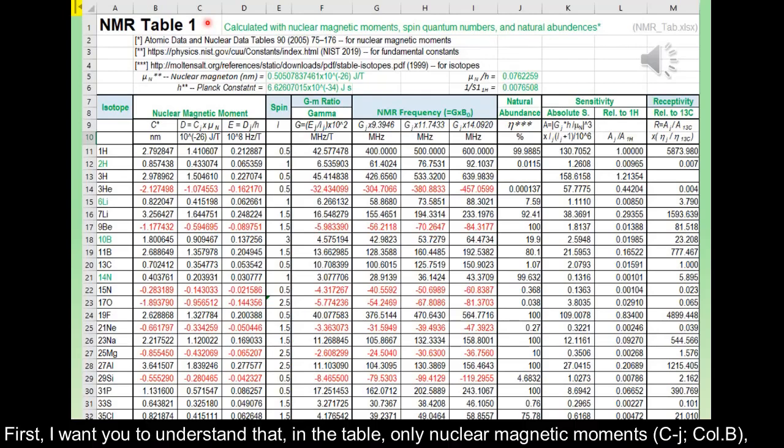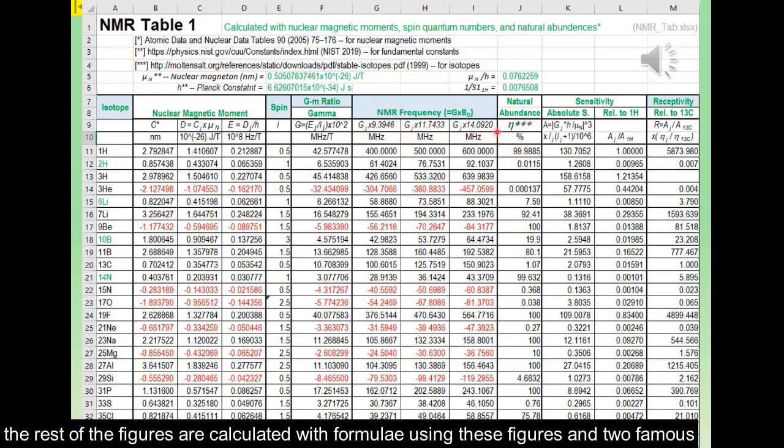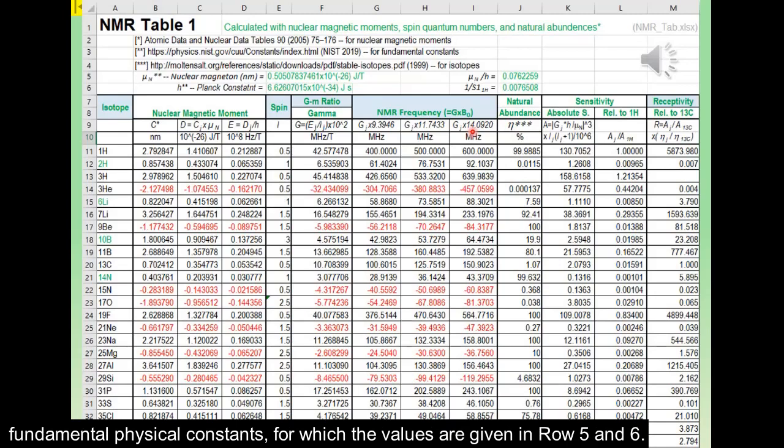First, I want you to understand that in the table, only nuclear magnetic moments, spin quantum numbers, natural abundances, and field strengths are given. The rest of the figures are calculated with formulae using these figures and two famous fundamental physical constants, for which the values are given in rows 5 and 6.